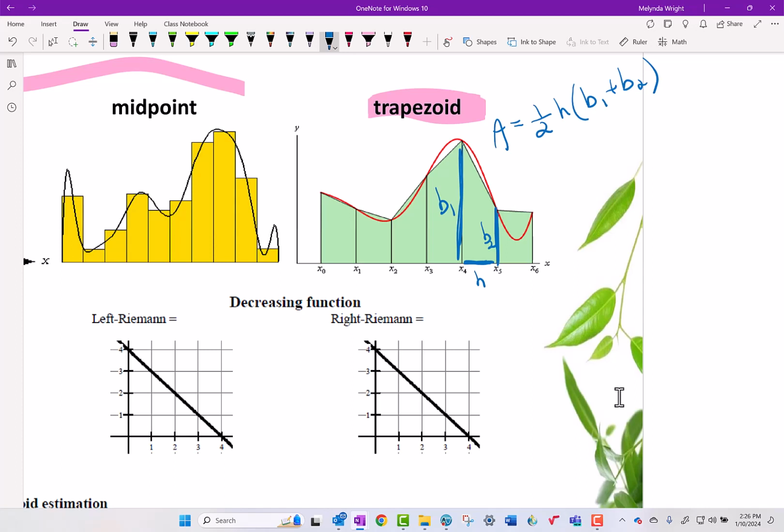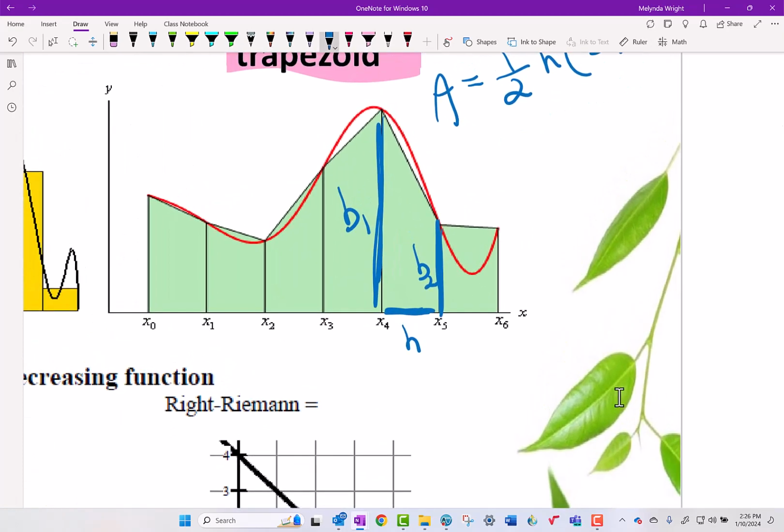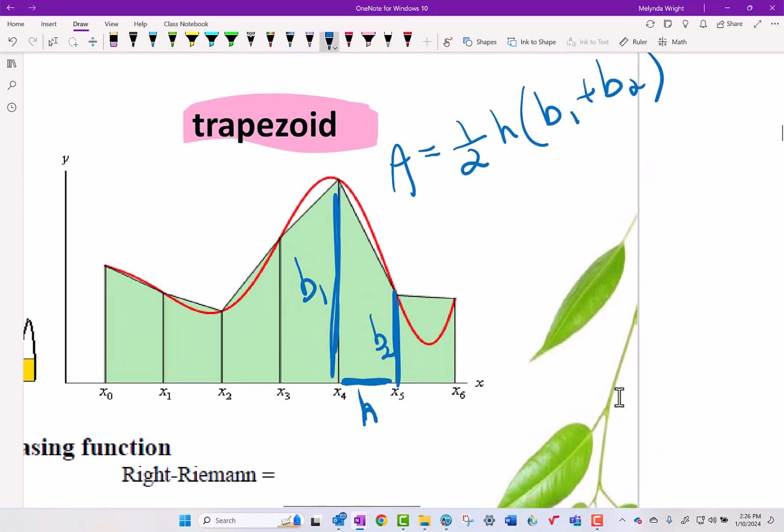We really wouldn't want to mess with trying to find that distance. So that's how we calculate the trapezoids: the distance along the x-axis is the h, and the height of each side of the trapezoid is base 1, base 2. Okay, I just wanted to point that out.